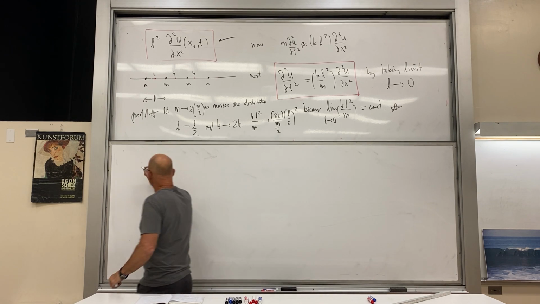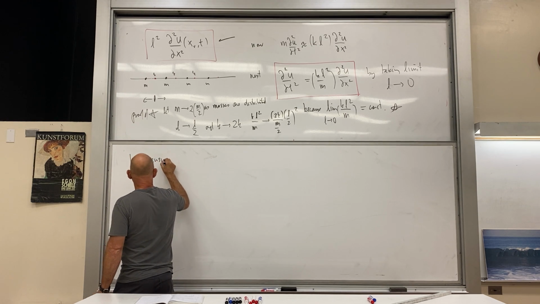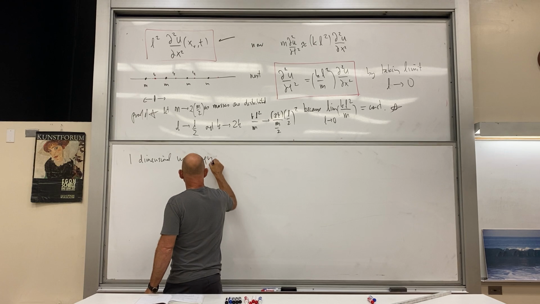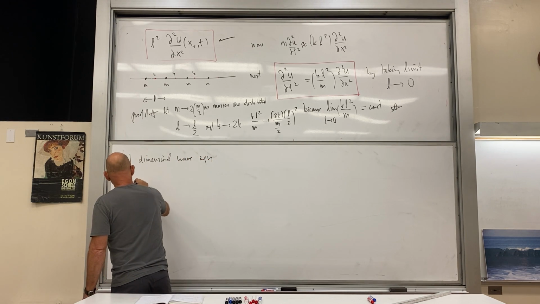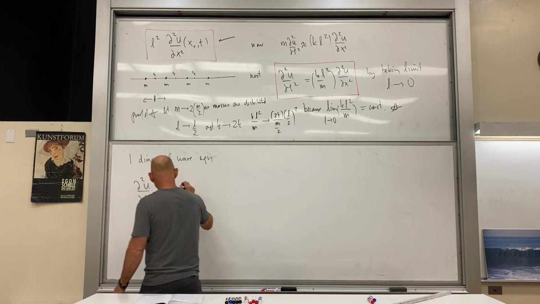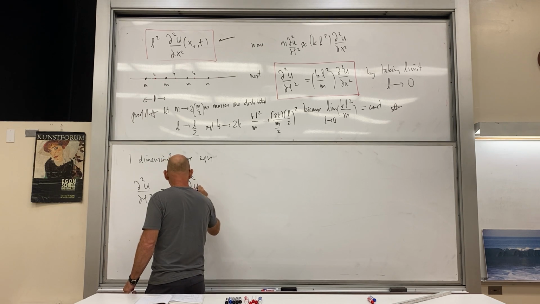Good, so we have the one-dimensional wave equation, d squared u dt squared equals v squared d squared u dx squared.